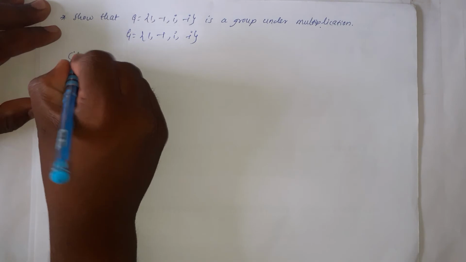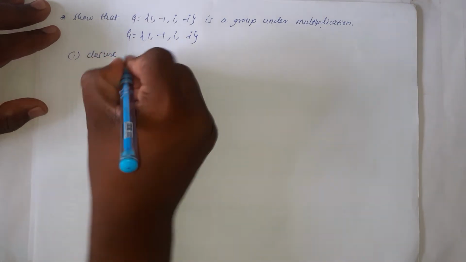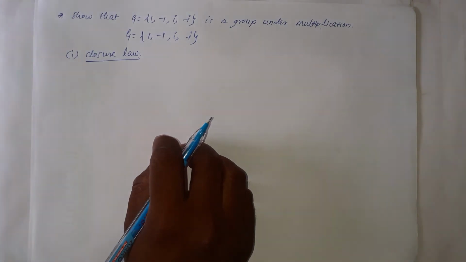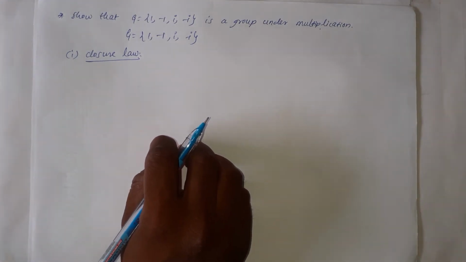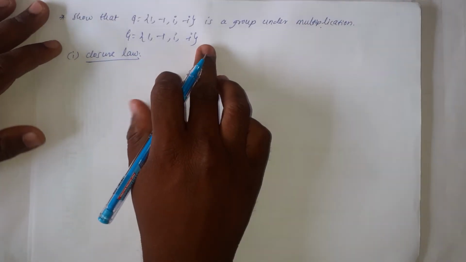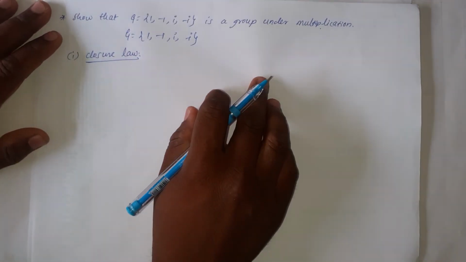First one is closure law. Multiply each and every element by another element. If that product belongs to the given set G, then we can say that closure law is satisfied.